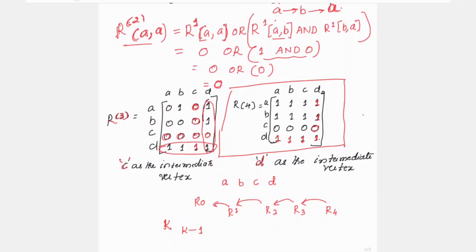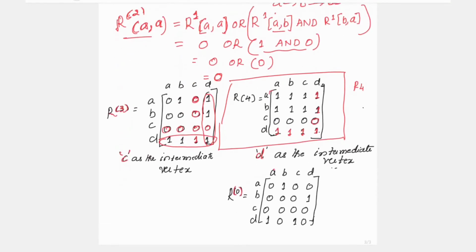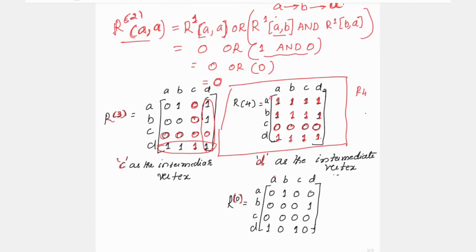Now just compare the final matrix with the first matrix what you got. R4 is here we have computed. I'll just write once again here the adjacency matrix what we had written initially. Now after doing all the computations for all the different matrices, the final matrix what we got is R4. And in R4, if you observe, these are the values. Initially if you see, there were only just 1, 2, 3 times the 1 was appearing.